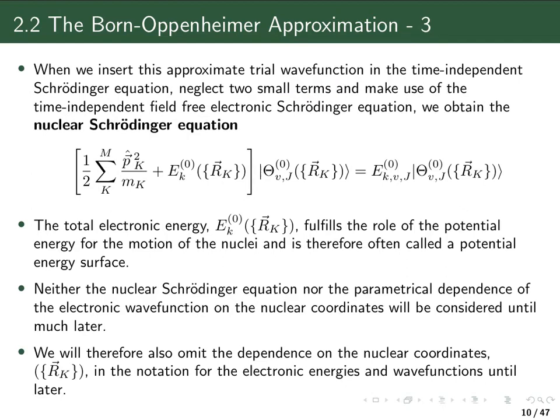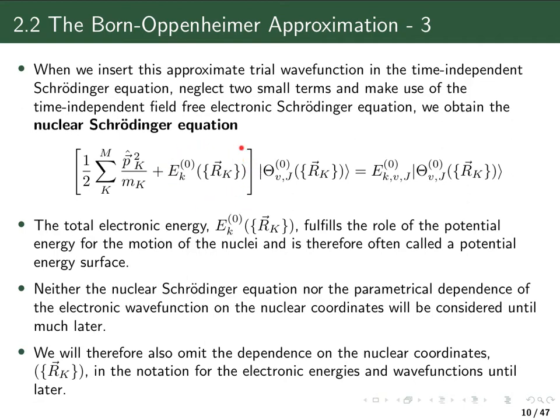two small terms, then we can derive an equation for the nuclear wave function, which we'll call the nuclear Schrödinger equation. In this equation we have the nuclear kinetic energy operator, and what we call the electronic energy appears.